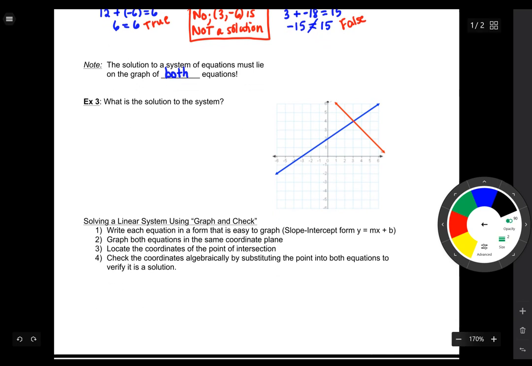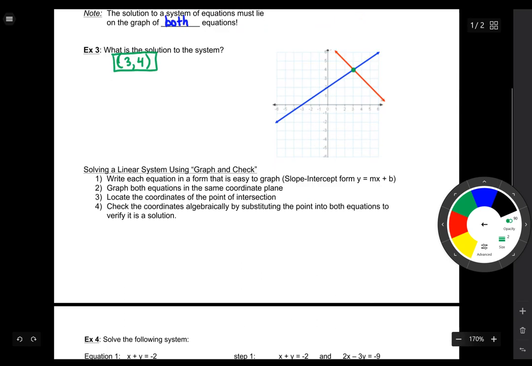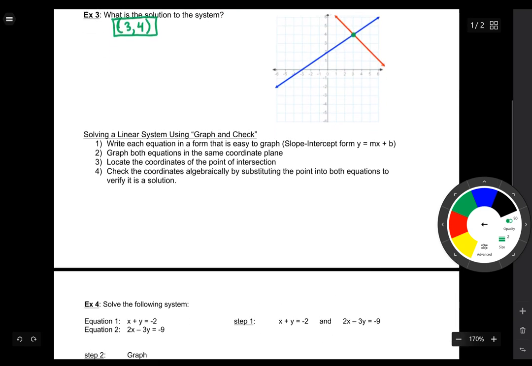So if we look over here, draw a dot at the solution, and not only do you draw a dot, you label that point. So that point is 3 comma 4. So 3 comma 4 is the solution. Easy as that.